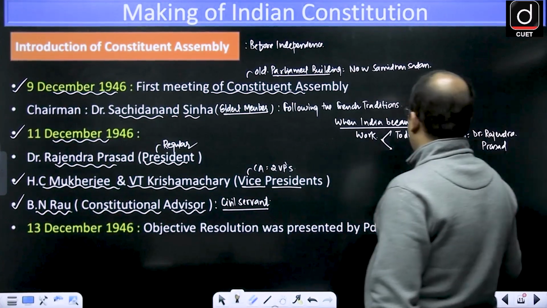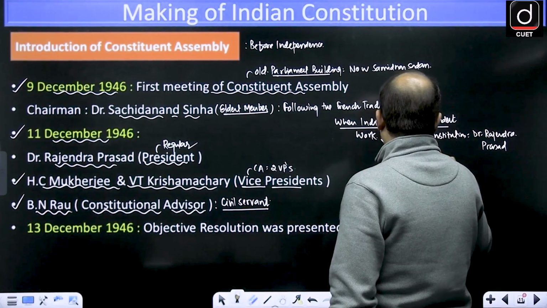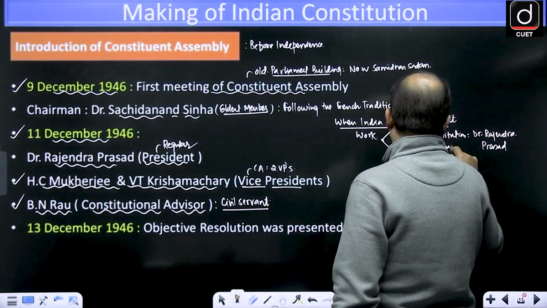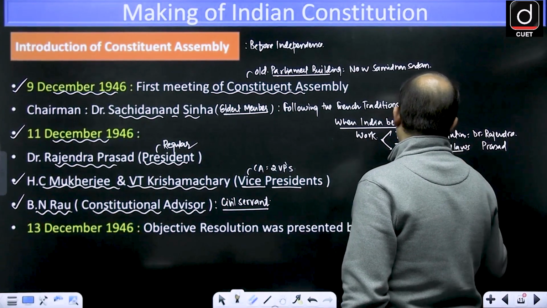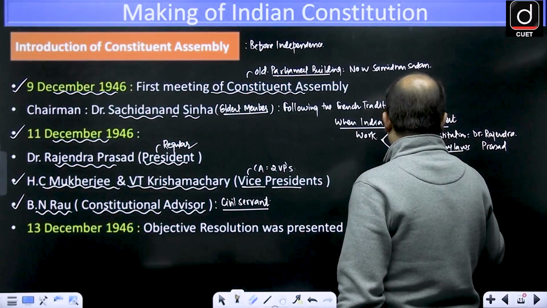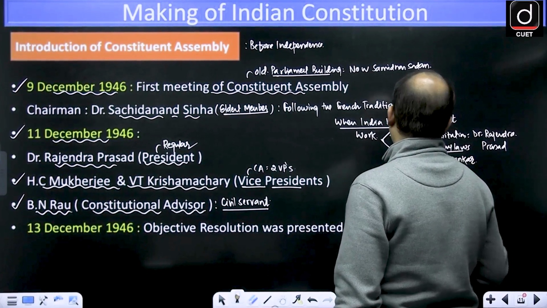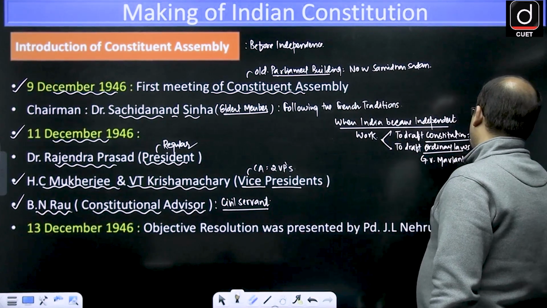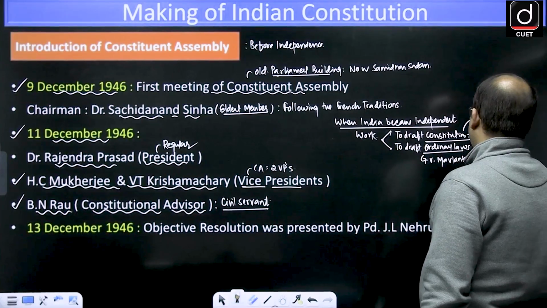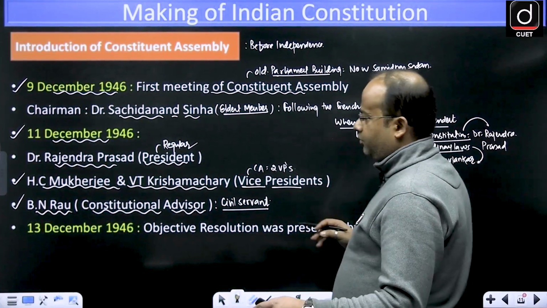Whenever it worked to draft ordinary laws, it was presided over by G.V. Mavlankar.